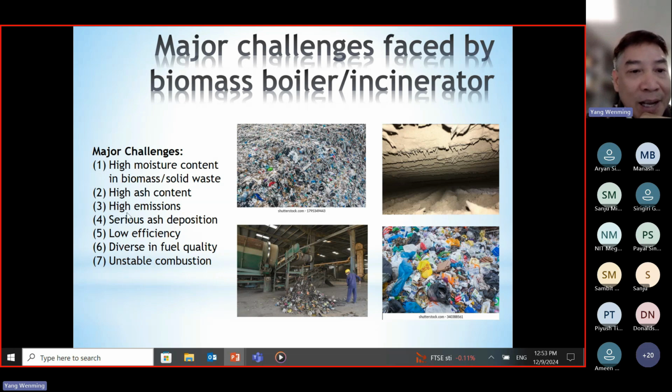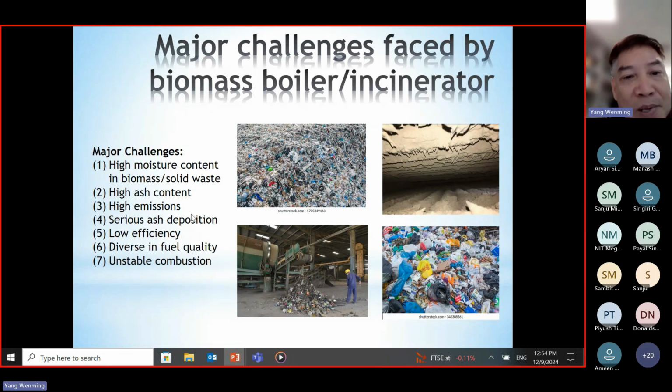The next one is the high emissions. High emissions can be high NOx emissions, high CO emissions, and other types of harmful emissions like CO2 and SOx. So all these are the challenges faced by the biomass boiler and incineration system.